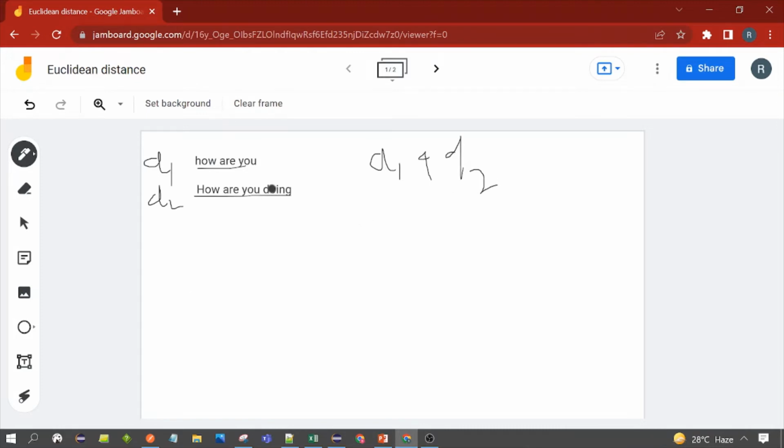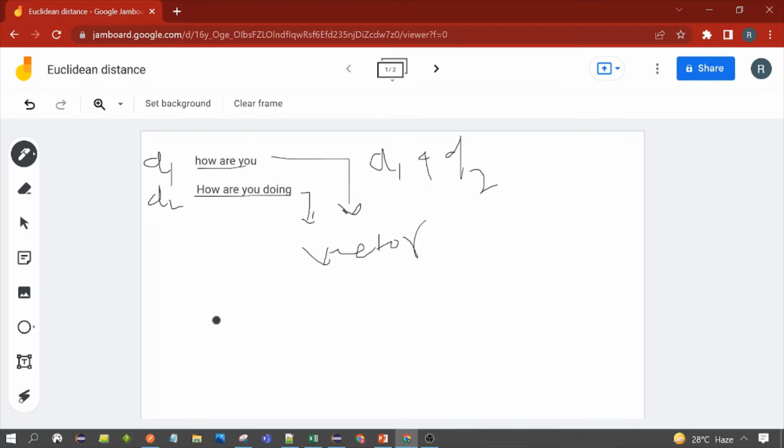So first, the simple rule is we need to convert these two into vector form. For that, we will use the bag of words technique. What you need to do is write the unique terms from both these documents.